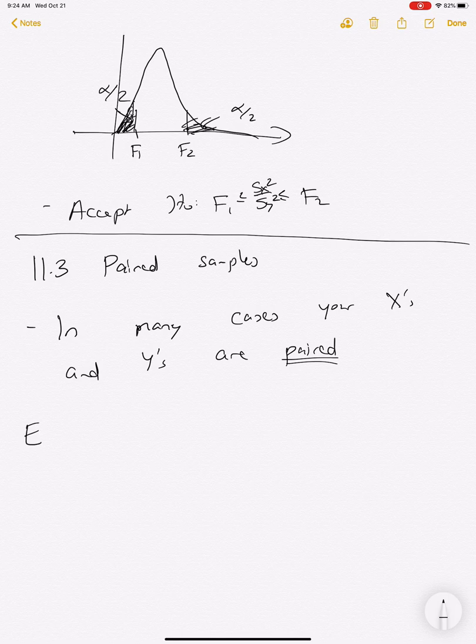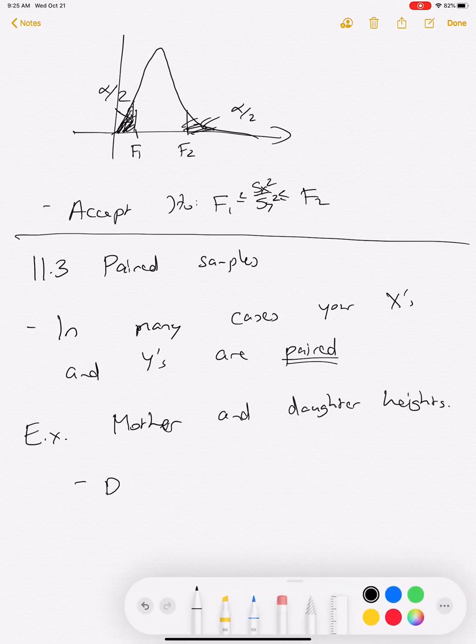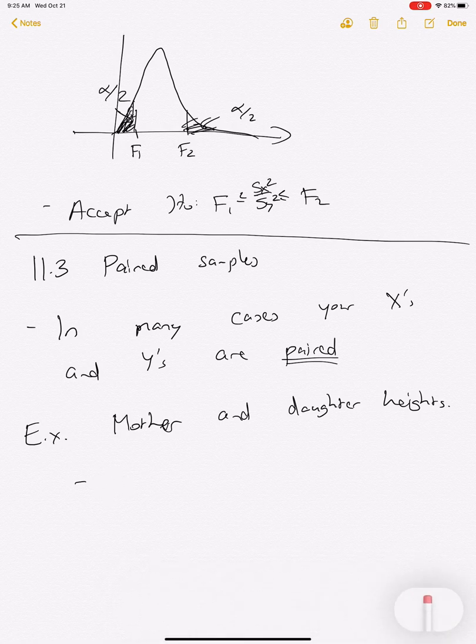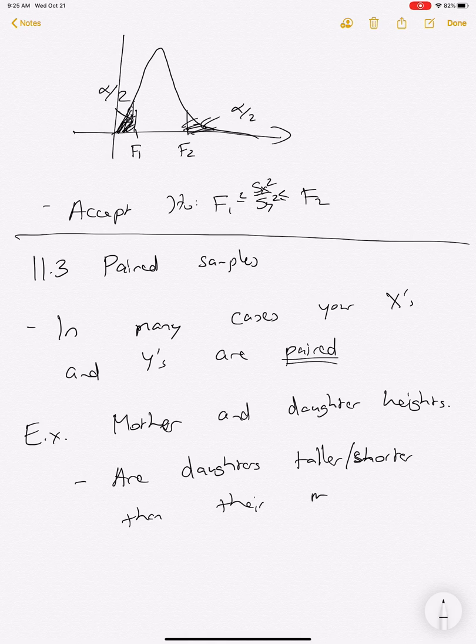So for example, let's consider mother and daughter heights, and you're trying to test whether daughters are taller or shorter, I should say, than their mothers.